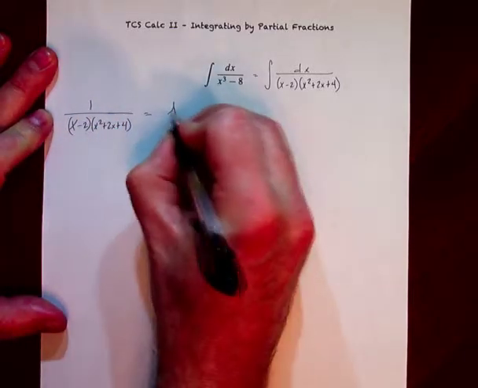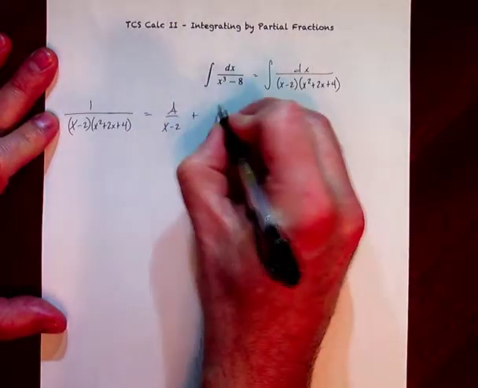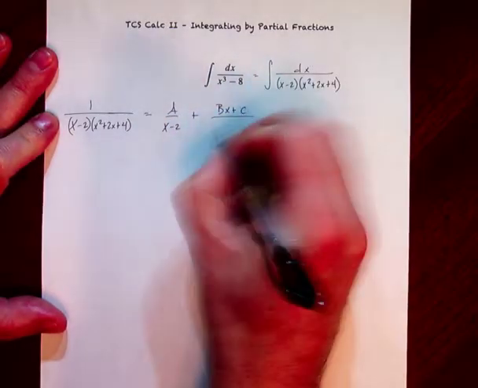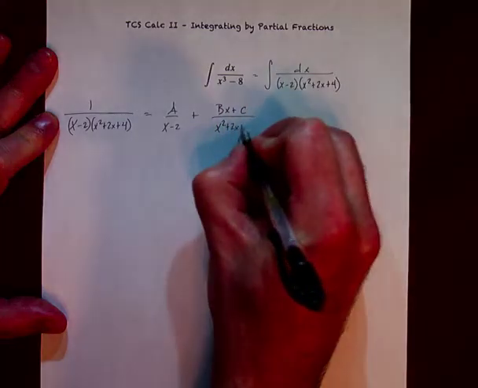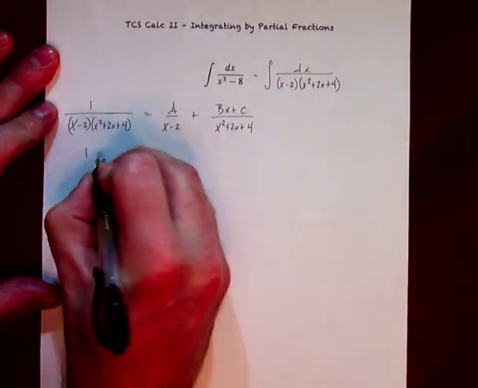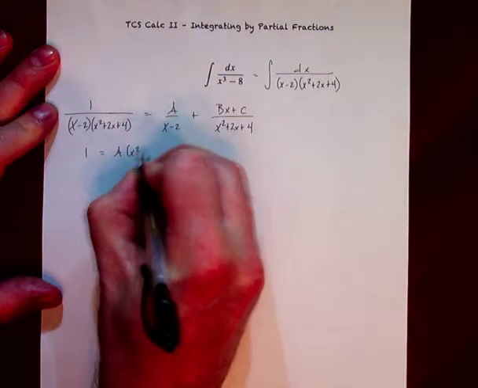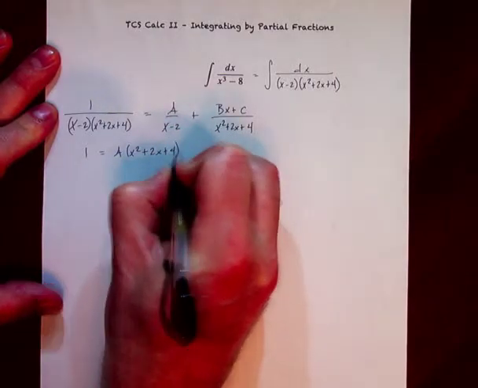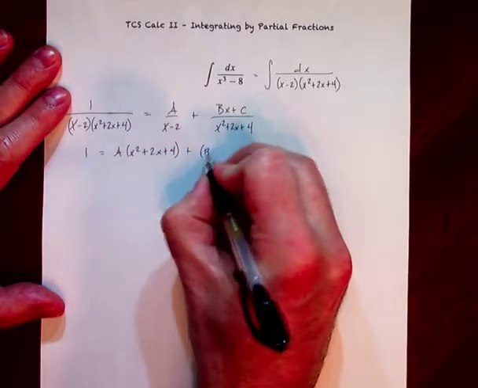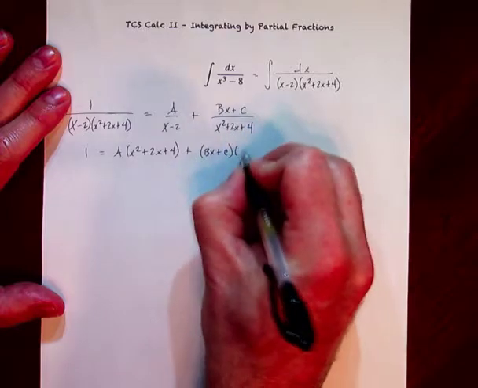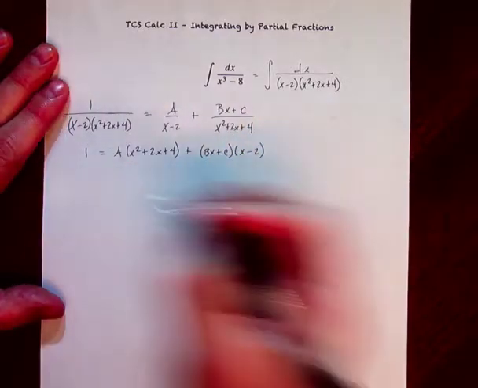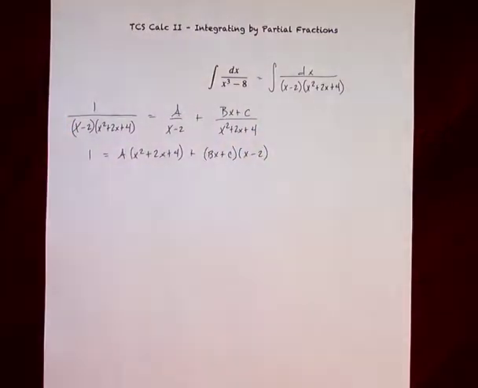We get A over x minus 2, Bx plus C over x squared plus 2x plus 4. Let's go ahead and multiply both sides. And I hope this is getting so familiar that it's running the risk of being monotonous, because that means that you're well on your way to understanding this and having it mastered, rather than the whole kind of got it.